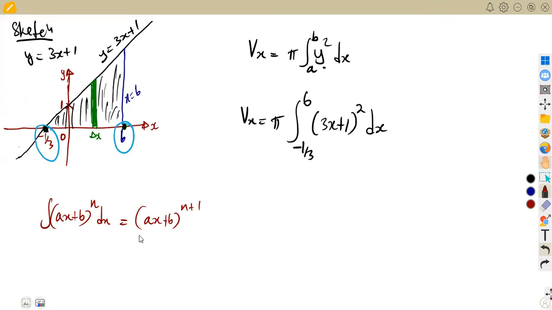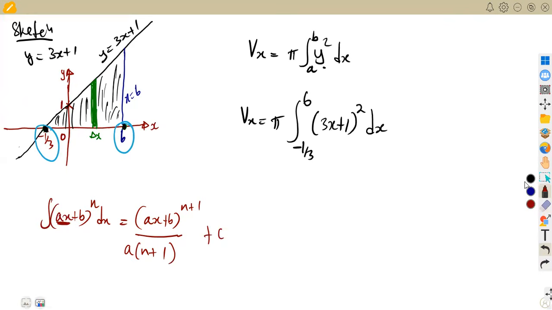But what is going to happen is that we are going to find the derivative of the ax, which is a, and you multiply by 1 over a. So in actual sense, we are going to see our formula written as a into n plus 1. What is actually happening is that we multiplied by 1 over a.